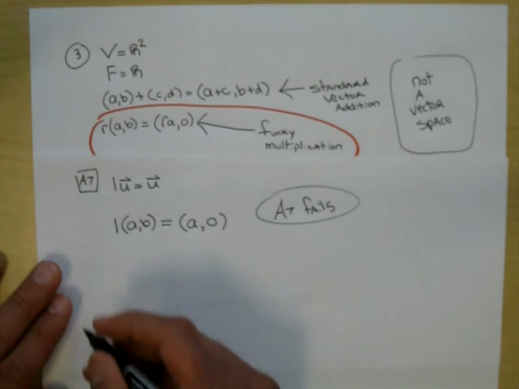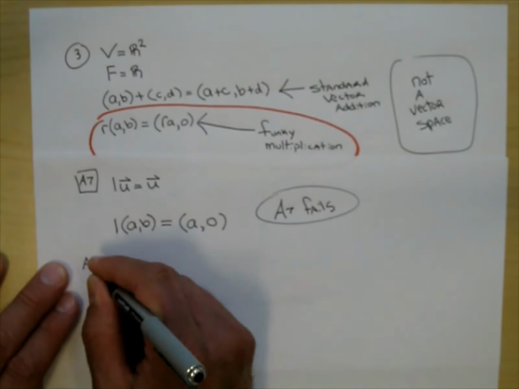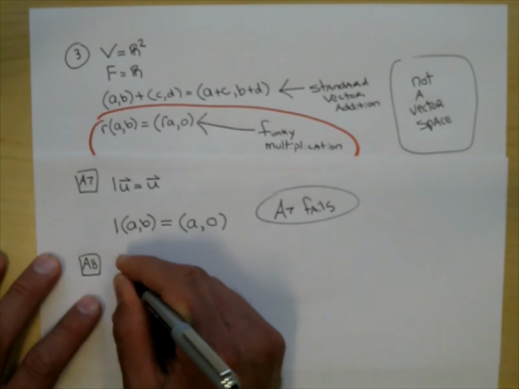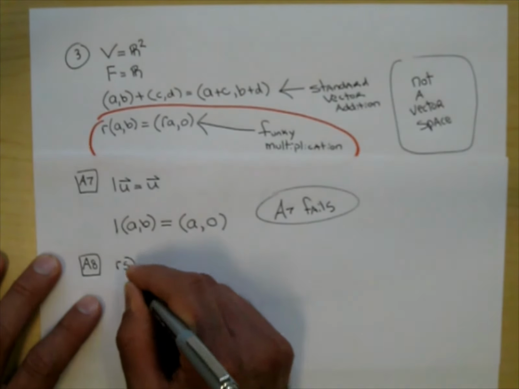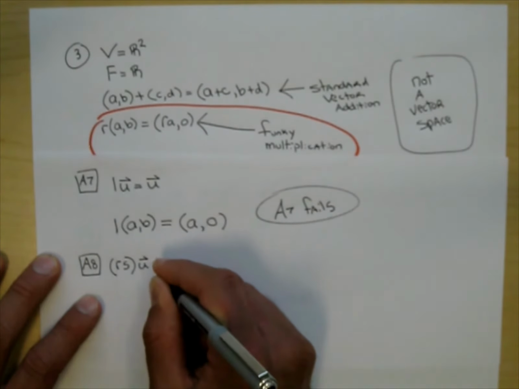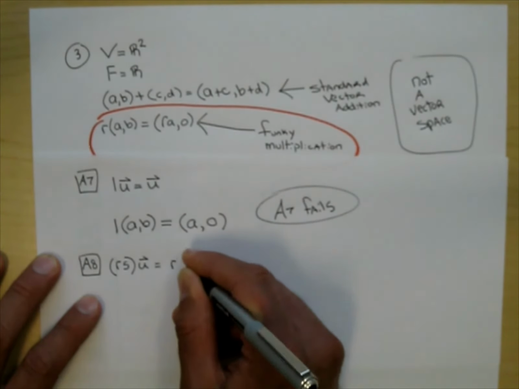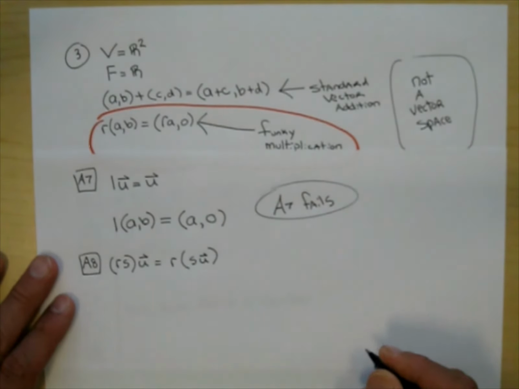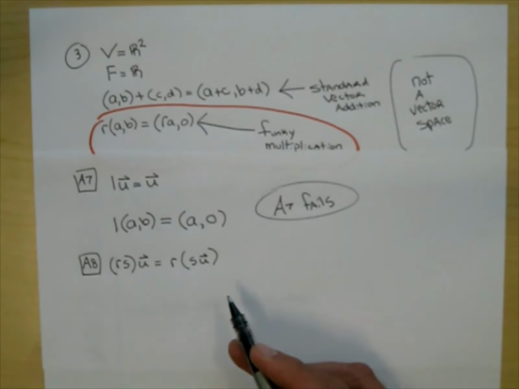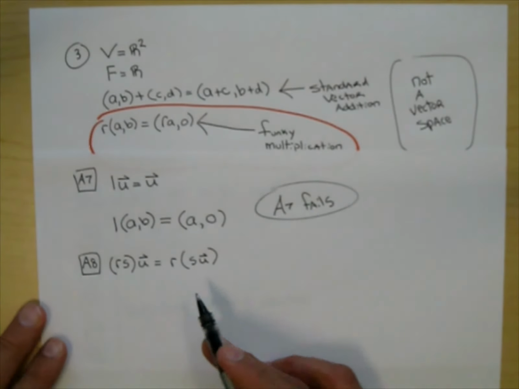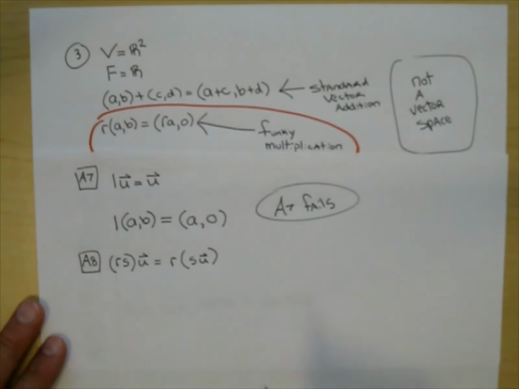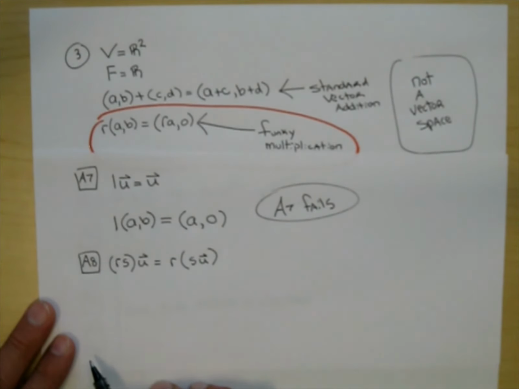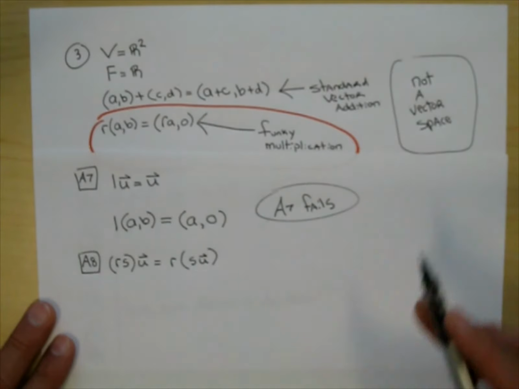Now, it's very interesting to look at the other axioms, like axiom 8. Axiom 8 says (RS) times U equals R times (S U). Well, if you are a math major, this might be interesting to you. It might not even be interesting to you, but I'm going to see if axioms 8, 9, and 10 pass or fail. Once one of them fails, the thing is not a vector space.